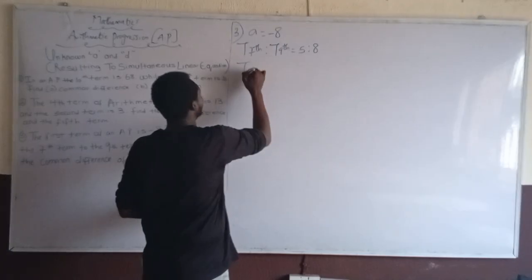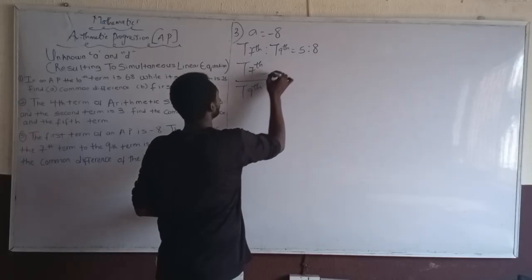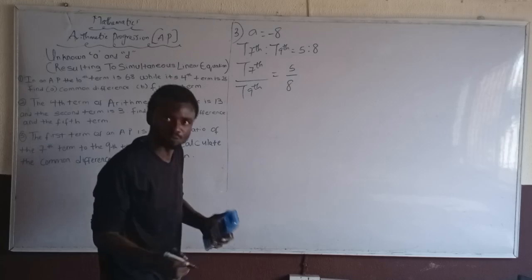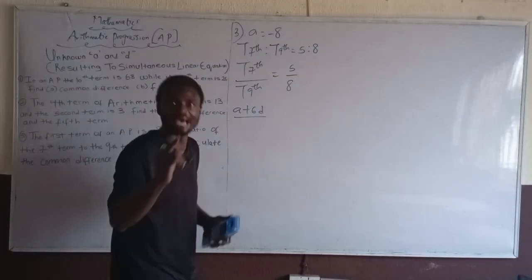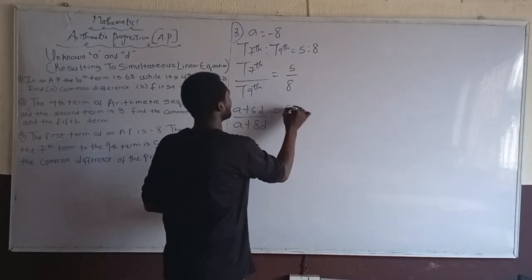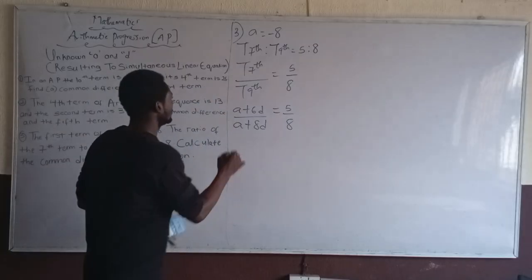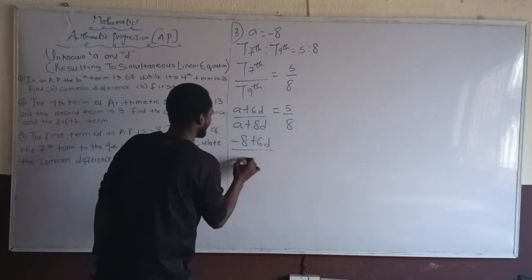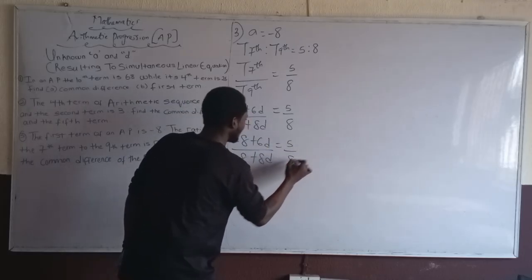It means that T7 divided by T9 is 5 divided by 8. Now, T7 is a plus 6d, T9 is a plus 8d, equals 5/8. Now, my a is minus 8. So, (minus 8 plus 6d) divided by (minus 8 plus 8d) equals 5/8.